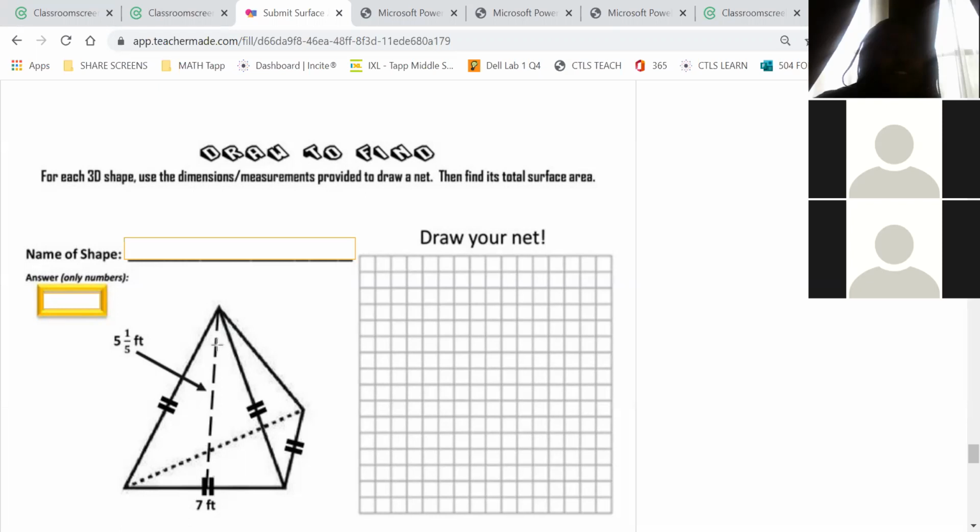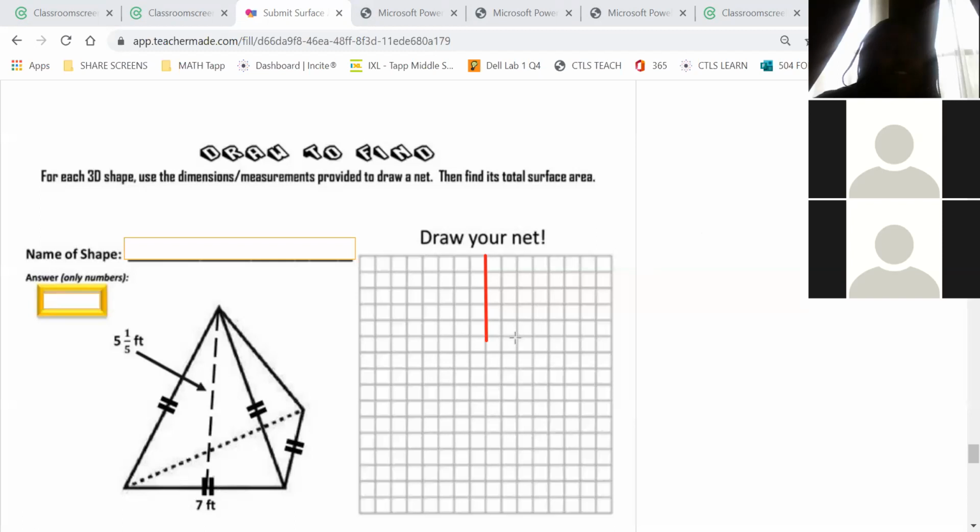So to start, I want to start with this first triangle. And so I see that this has a height of 5 1/5. 2, 3, 4, 5. And that means it's going just a tiny bit into another block. All right. So now we know that the base of this triangle is 7 feet.